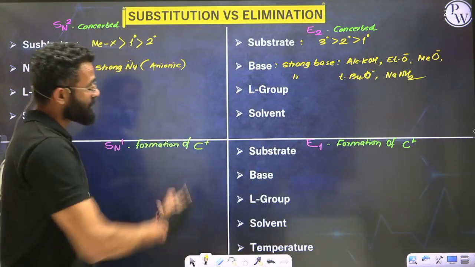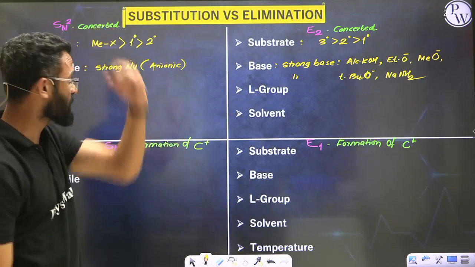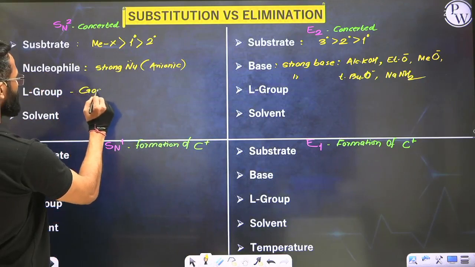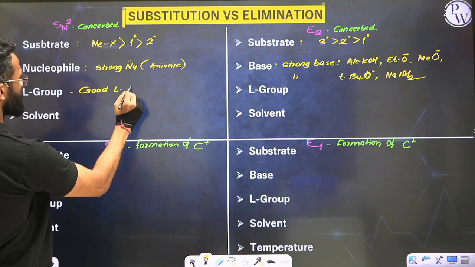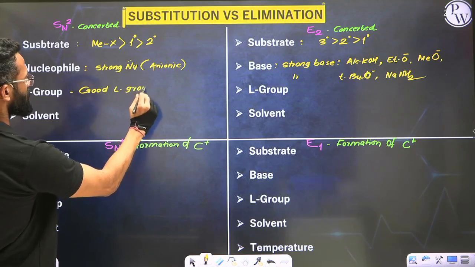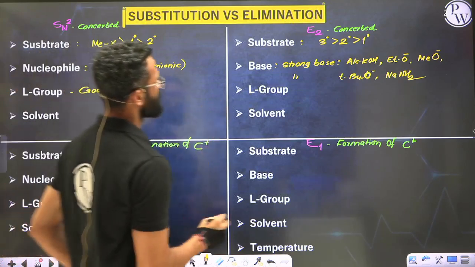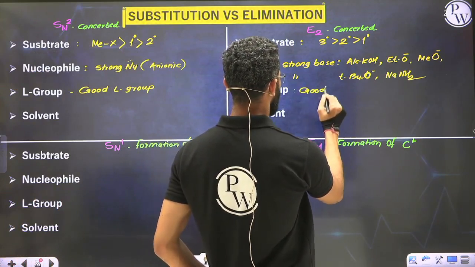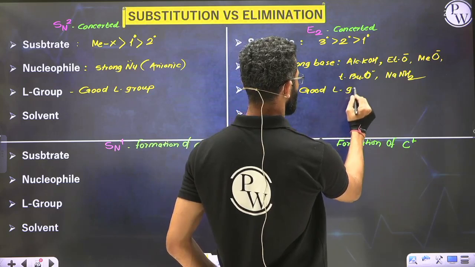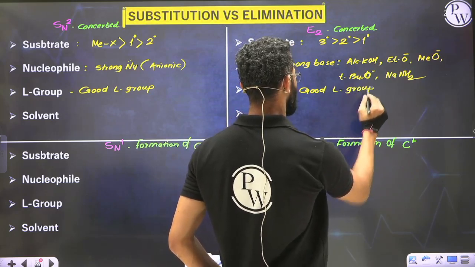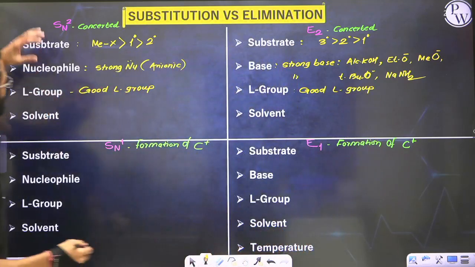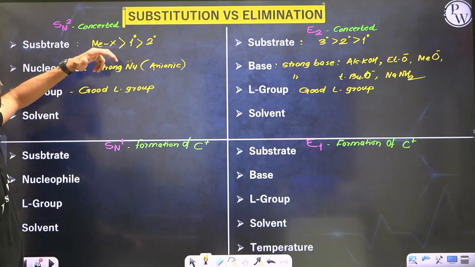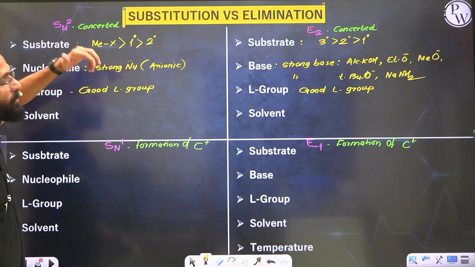Okay, everyone, see, we are revising all the 4 important mechanisms here. Leaving group, this has to be a universally good leaving group, and this is going to be common for all the mechanisms. So here also you'll need good leaving groups. Solvent, if you need the nucleophile to be strong enough, meaning you don't want it to be captured by the solvent, the solvent should not be polar protic.